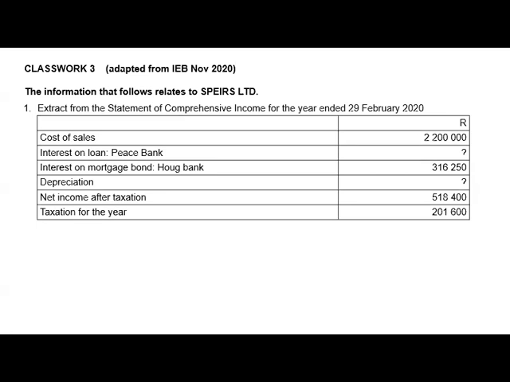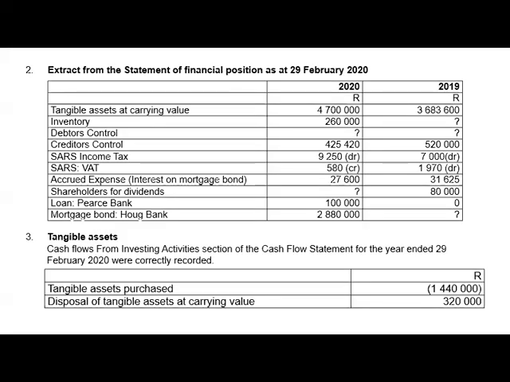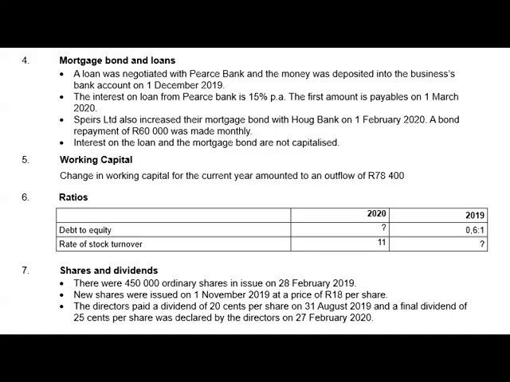I took it from November 2020. And you will notice that I don't have inventory for last year. So they need to give me something that enables me to calculate inventory for last year.